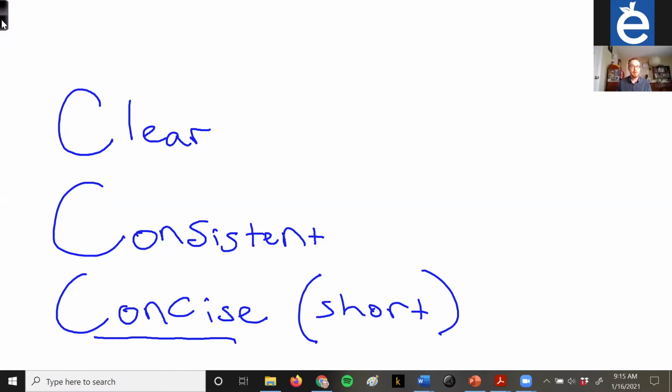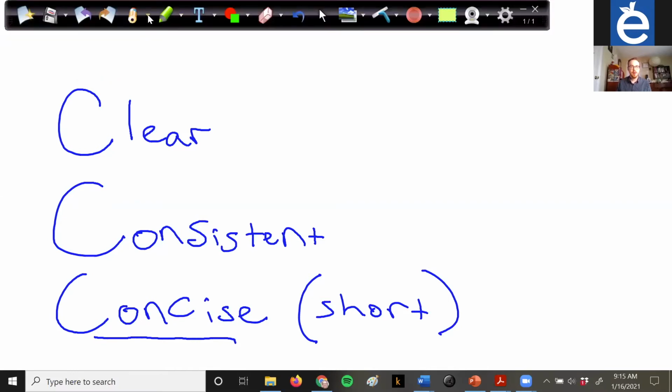Now, those three C's are very basic categories, right? You could obviously get into it and, well, you'll have your comma questions, you'll have your subject and verb agreement questions. But essentially, they are going to fall into these three.